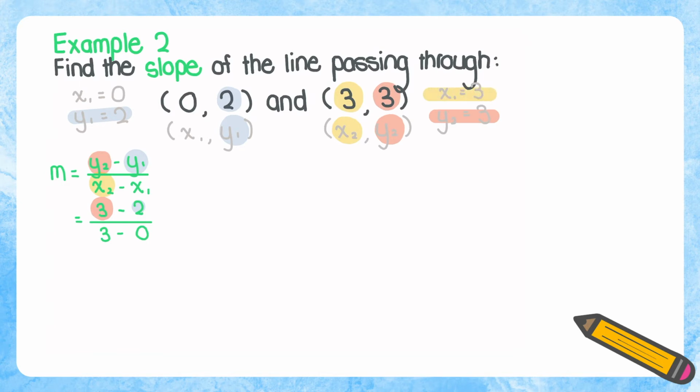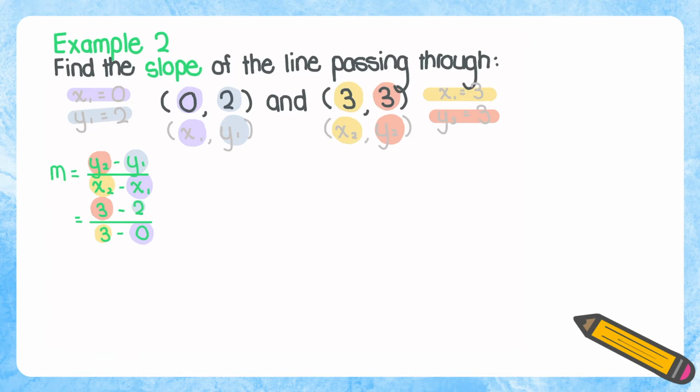So that's why I replaced x sub 2 with 3. And then the x sub 1, we replaced it with a 0. So at this point, always try to double check your work to make sure you've replaced the values correctly.